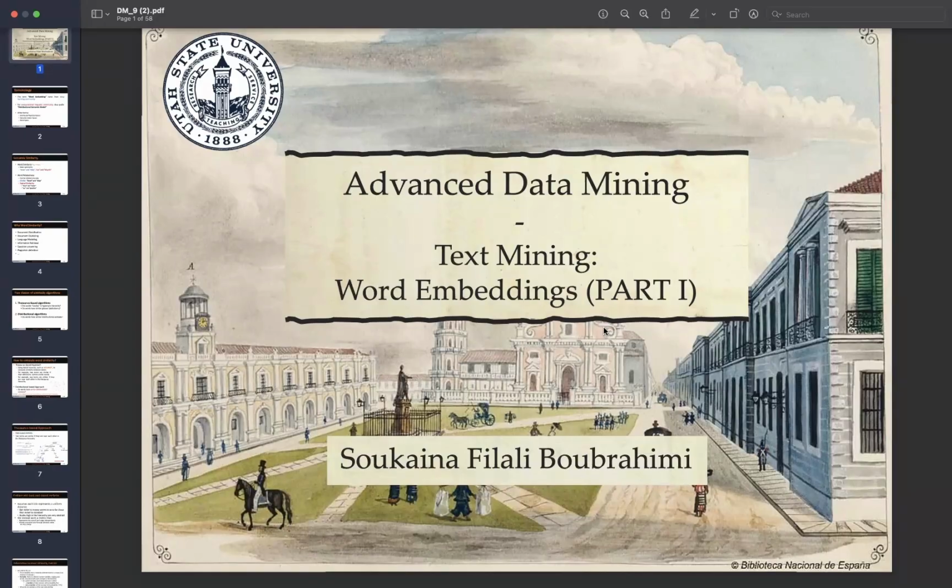So therefore, we really need to learn from the usage of the text rather than be given directly the feature vectors from our data. So the core question we should really ask today is how can we represent the words in a mathematical format so that their meaning and relationships are being preserved?